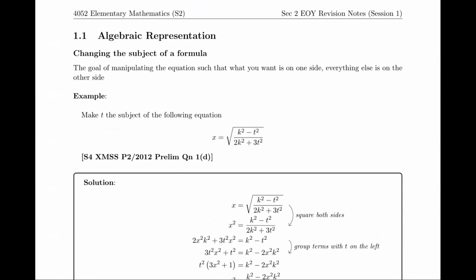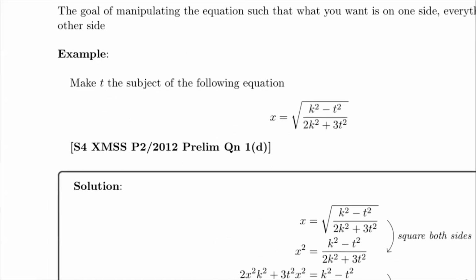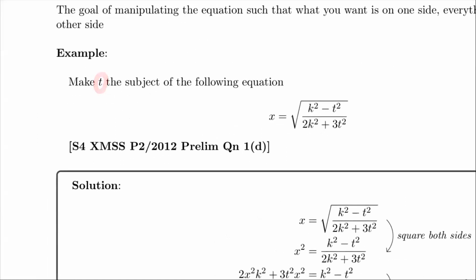So when you need to change the subject of a formula, what's the main idea? The idea is about bringing whatever you want onto the left-hand side, whatever you do not want onto the right. So I give you a simple example. We see that this t here, this is what we want.